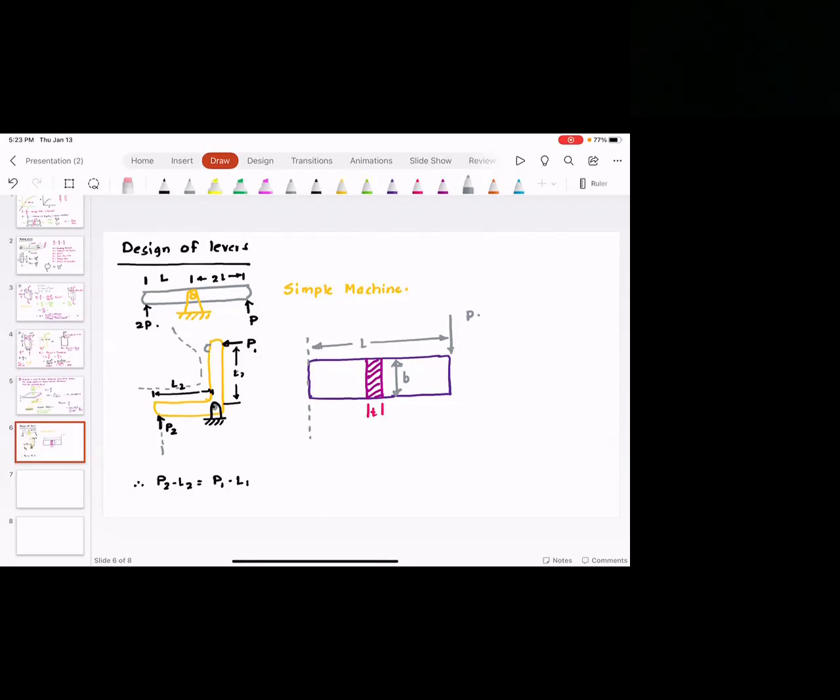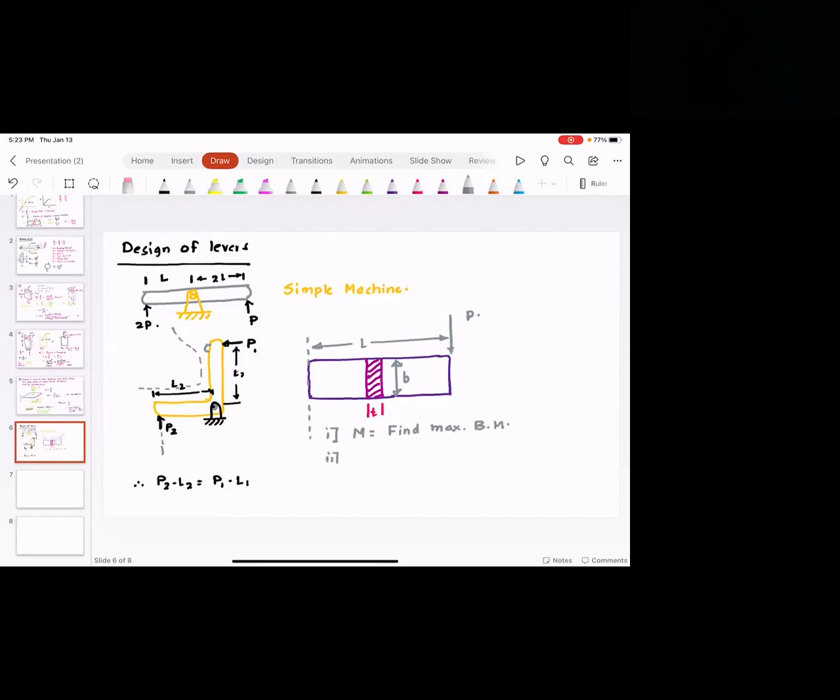First and foremost, here are the steps for lever design. Step 1, find the maximum bending moment.